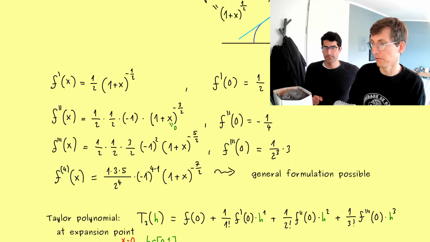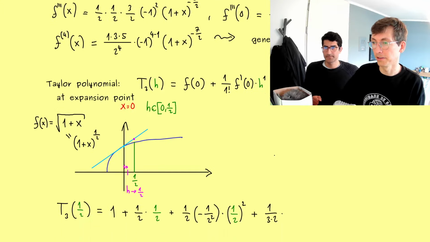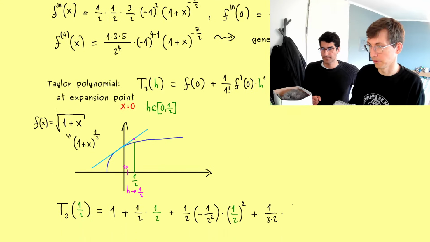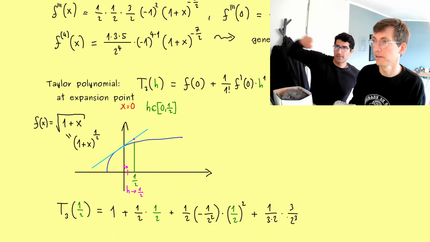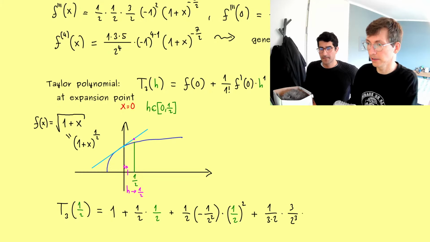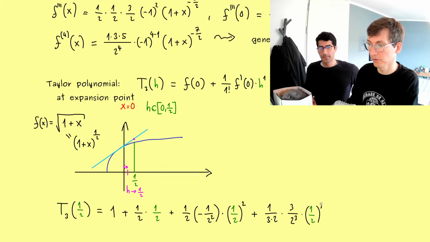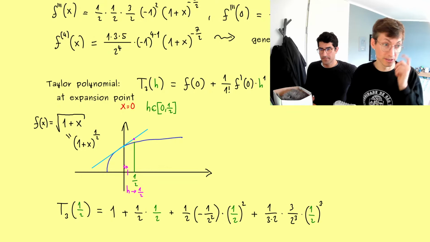Let's go down again and put that in. I forgot it again: it was 3 divided by 2 to the power 3. Okay, and this one now with h to the power 3, so we have 1/2 and now power 3 again. You see we have a lot of 1/2s. And now the idea is to put that in.